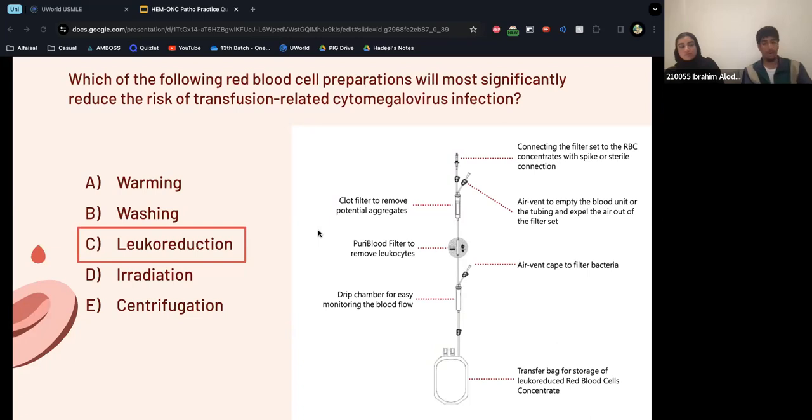Another reason I want to talk about this is, what about D? Irradiation? You do give irradiated blood for certain things, but I'm not remembering what right now.